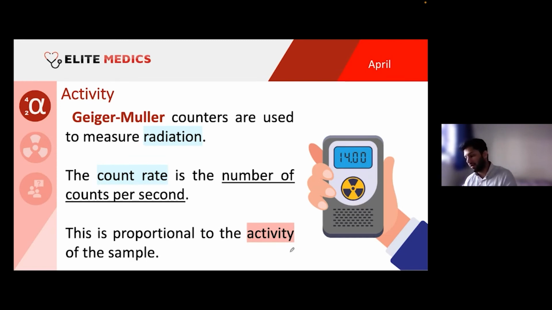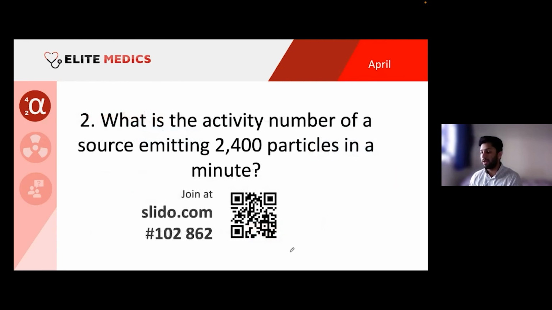Okay, so what is the activity of a source emitting 2,400 particles in a minute?